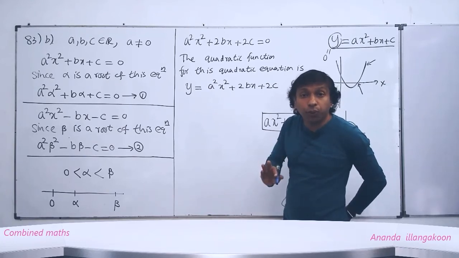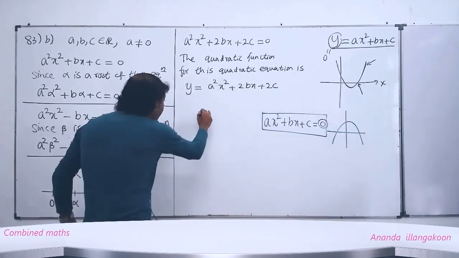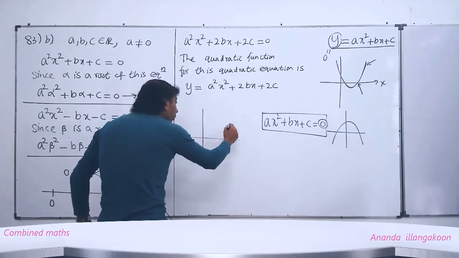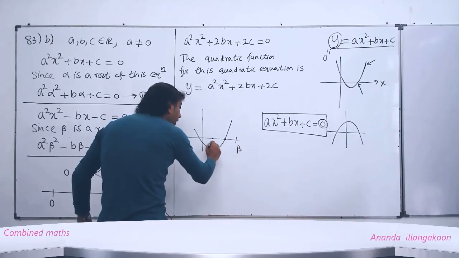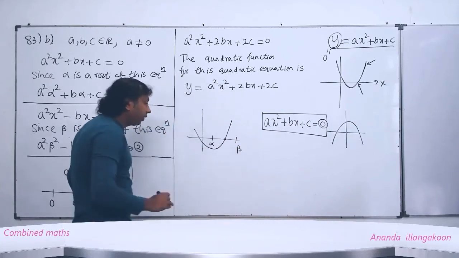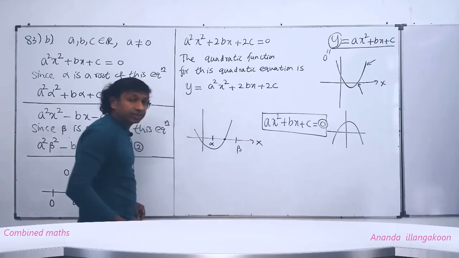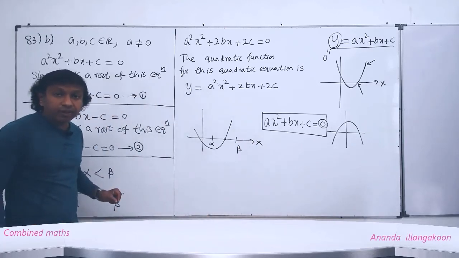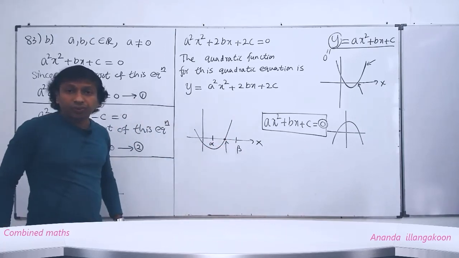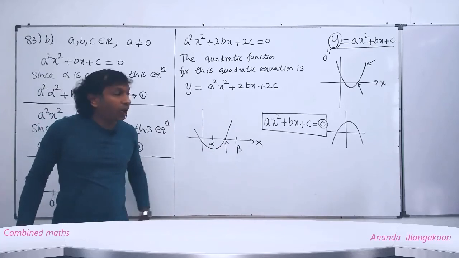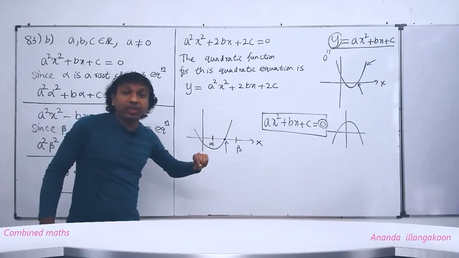Now, if I can show, when we draw this graph, the minimum graph, if this minimum graph, if I can show, cuts the x-axis between beta and alpha like this. If I can show this minimum graph cuts this x-axis, this is the x-axis, cuts this x-axis at a point which is between alpha and beta, then, people, this is the root. Now we need to show, people, this minimum graph cuts the x-axis at a point between alpha and beta.